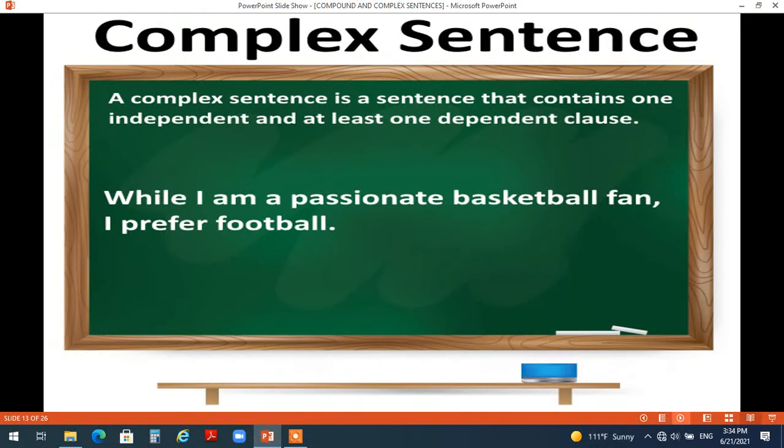While I am a passionate basketball fan, this is the dependent clause because it starts with the subordinator, while the other clause, I prefer football, is the independent clause. And the type of sentence here is called a complex sentence because we have a subordinator and because we have two types of clauses. One of them is dependent and the other is independent.